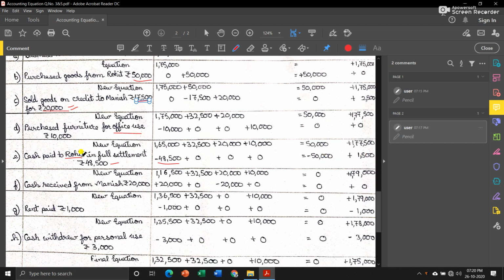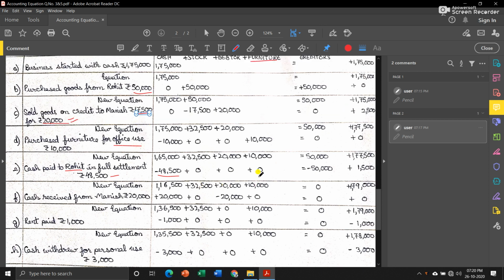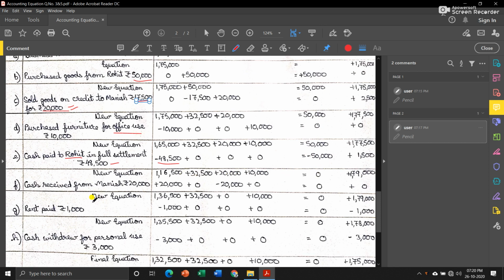Okay, so our new equation will be cash 1,16,500, stock 32,500, debtors 20,000, furniture 10,000 and capital 1,79,000. And after deducting 50,000 from creditors, we have 0. Now we don't have any credit.